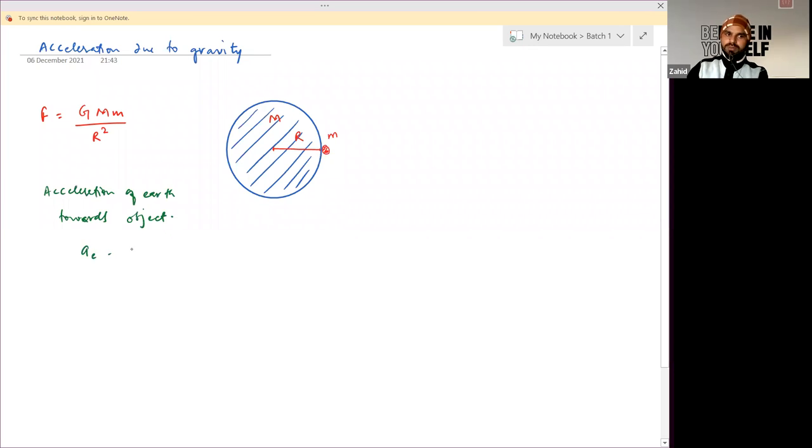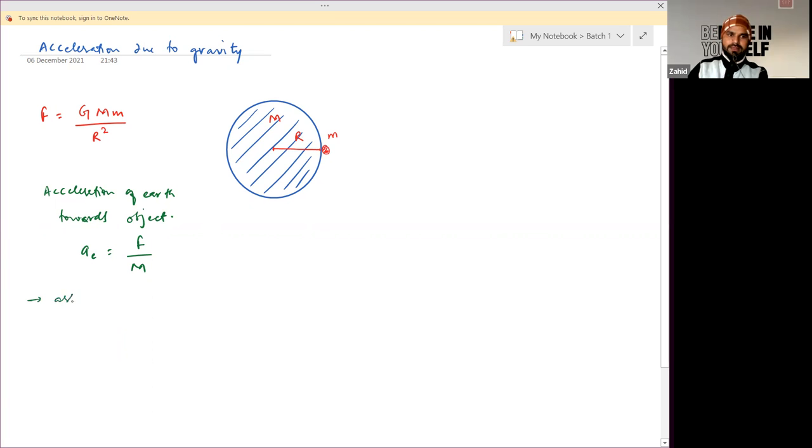So a equals force by mass. As mass of Earth is very large, the acceleration for this will become negligibly small, tending to zero.